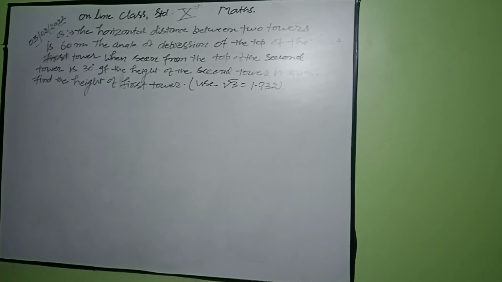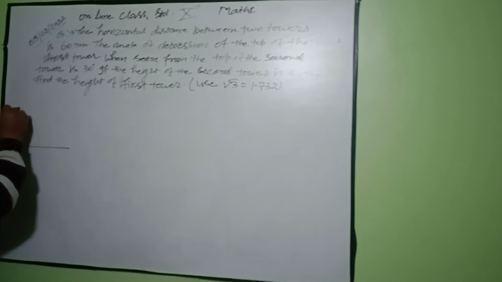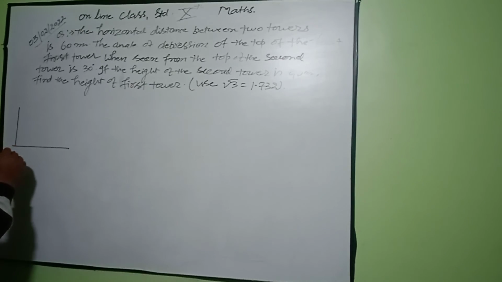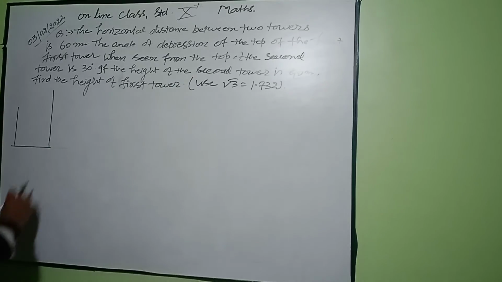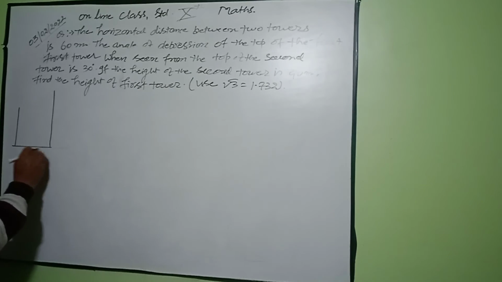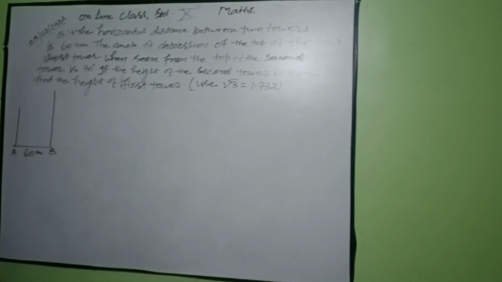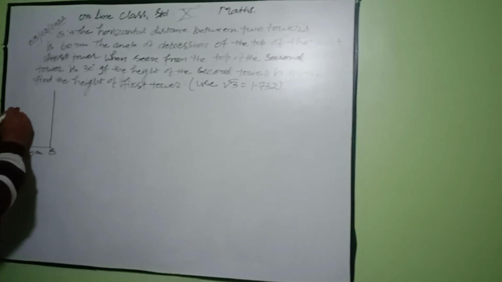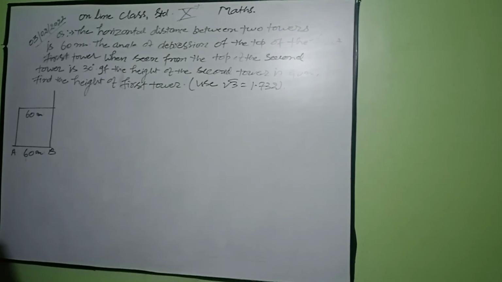Okay, now see the figure. This one is ground, one first tower, and another is second tower. Distance between this tower is 60. Suppose A or B, 60 meters, and from this it will also be 60 meters.